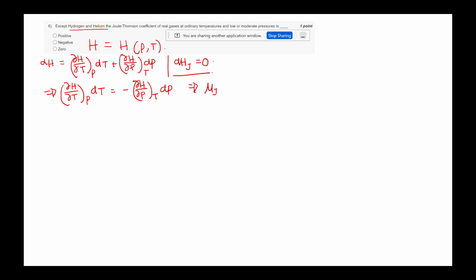Now the Joule-Thomson coefficient is defined as del T del P at constant H, because for the Joule-Thomson effect the enthalpy doesn't change. So it is an isenthalpic process.